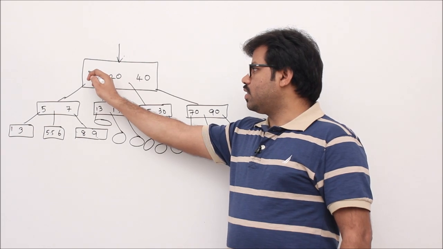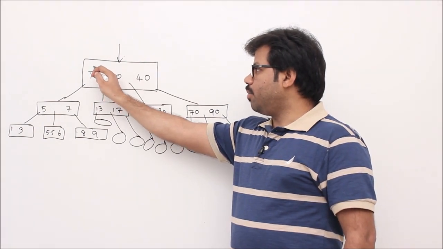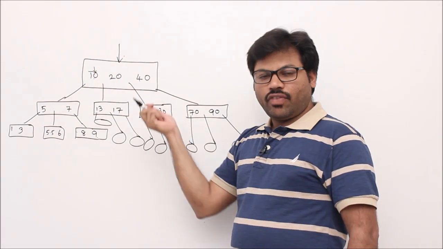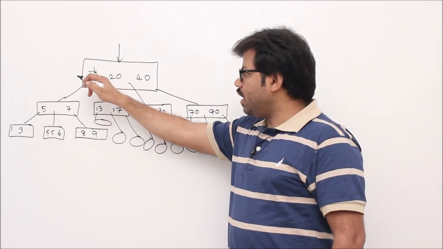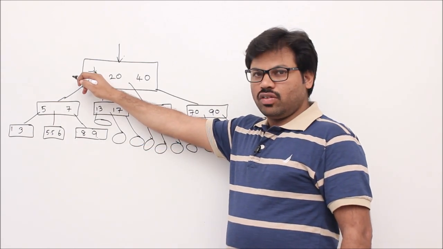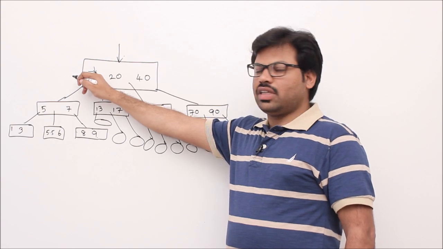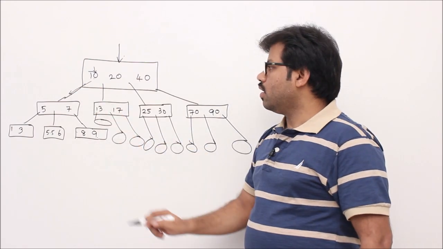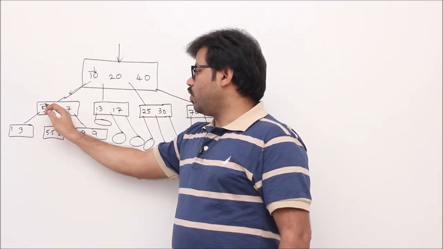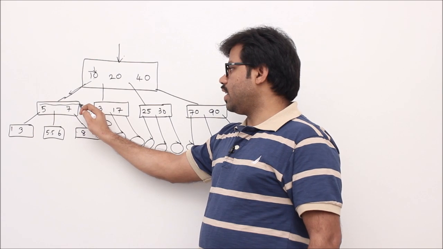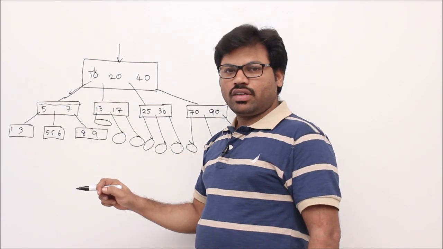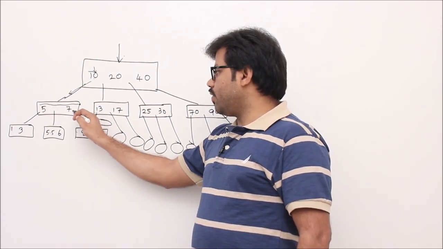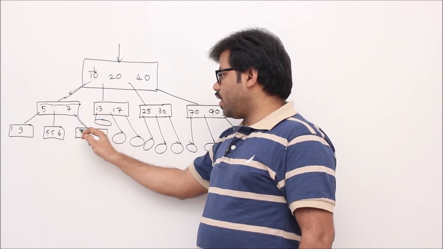First of all, we start here and we realize that by seeing the key value 10, if at all 9 exists, it should be here itself, right? So it is not there in this block, then I will go to the left side. Then I start searching here. 5, no. 7, no. Then I reach the end of the block. That means what? There is no 9 here, then I should take 7's right pointer. Then I come here and I search.